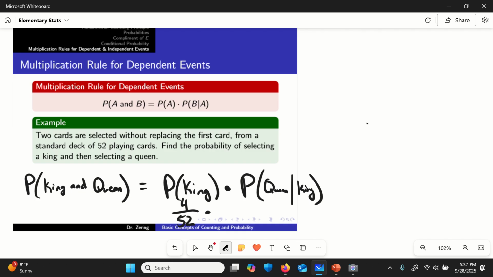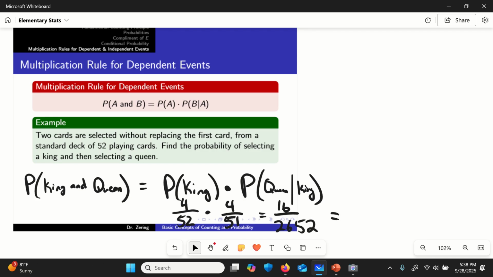For choosing a queen, there are 4 queens. We've already picked a king out, because it's assuming you've already had the king happen. So there are 4 ways I could get a queen, but because I took that king out, there's only 51 cards left. So I would multiply these 2 probabilities together. That's 16 over 52 times 51, which is 2,652.